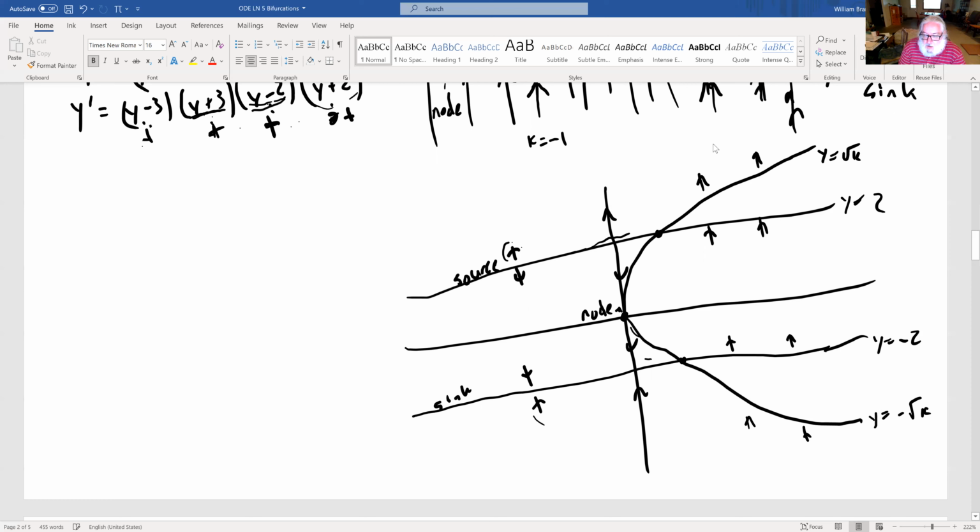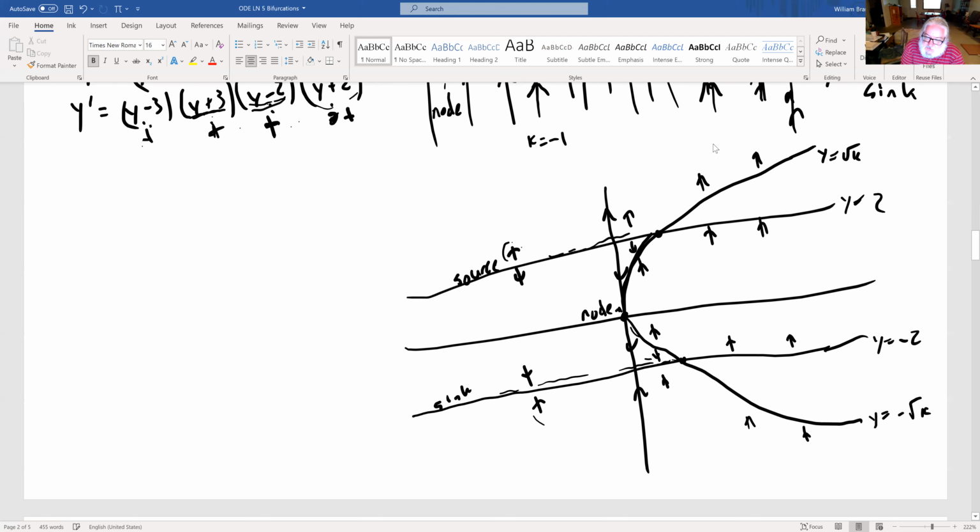So what about this equilibrium here? Well, we're going down towards it, and this is going up. This is going up. This is going up. This is going down. This is going up. So this stays as a sink all the way to here.